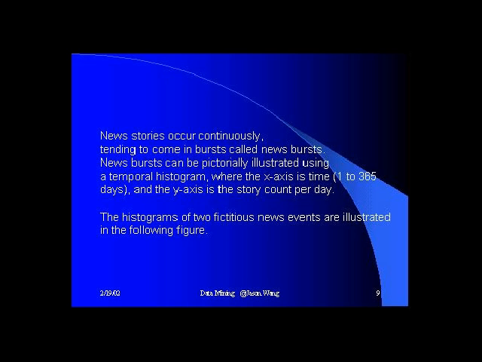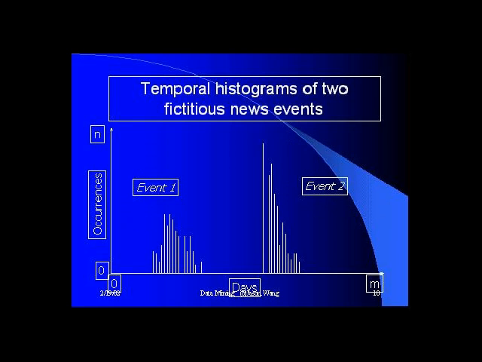Okay? So for example, here is a temporal histogram of 2 fictitious news events. This shows that on a particular day, for example day 10, you have 10 stories relevant to event 1, and so on.